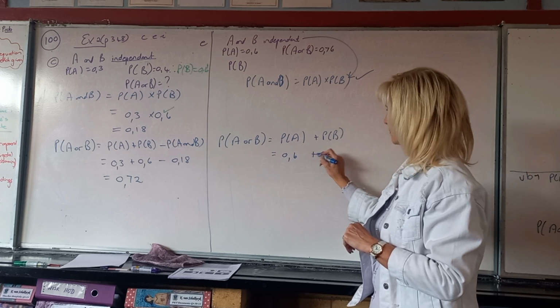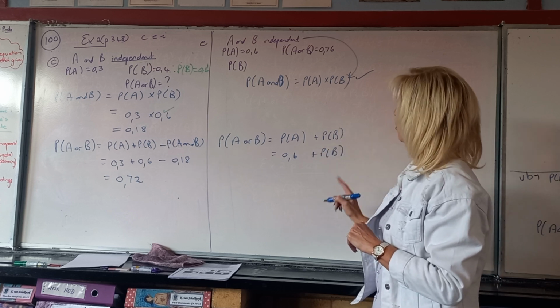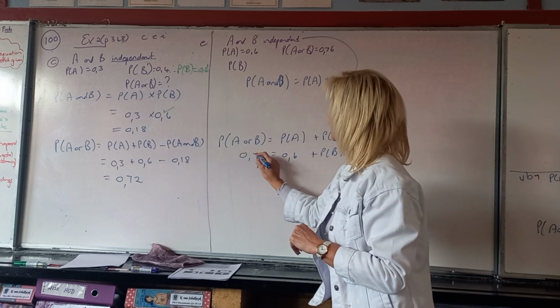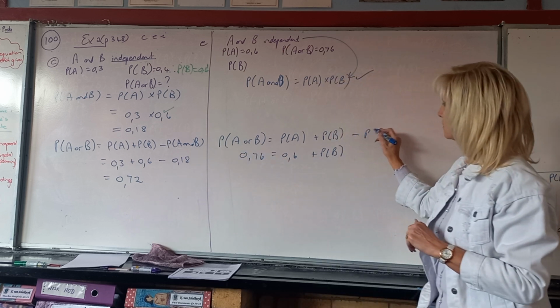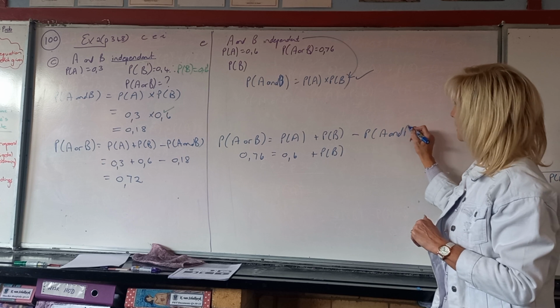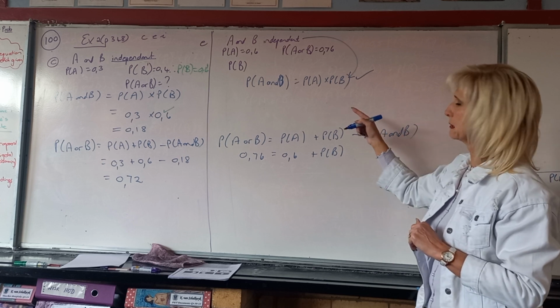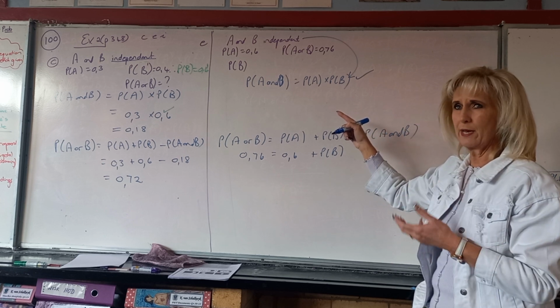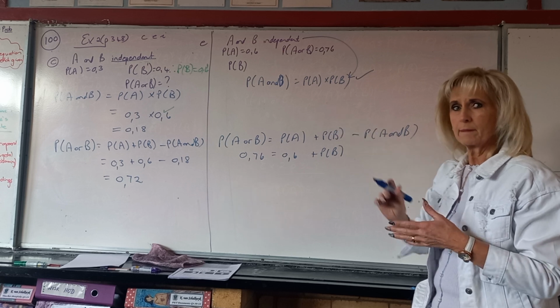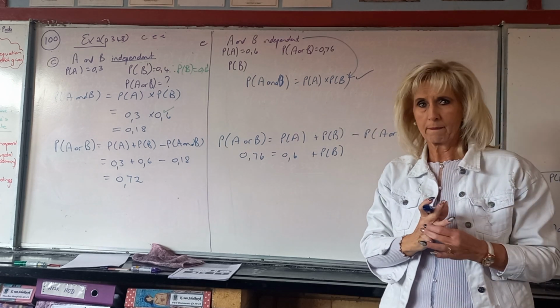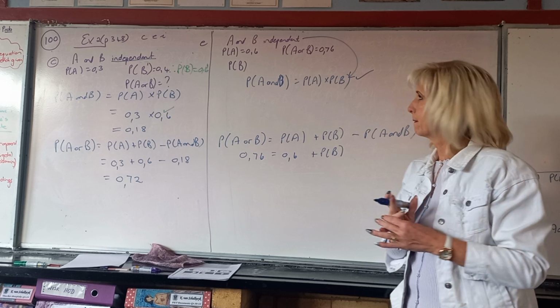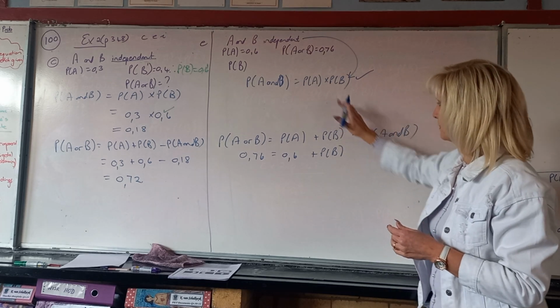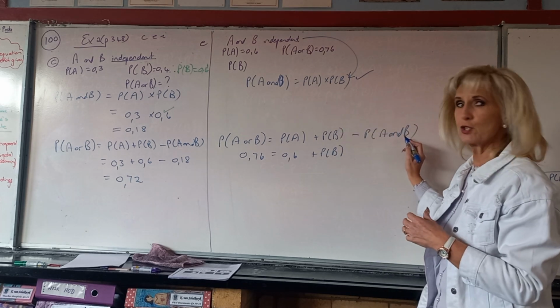The or part, I have, but I'm short the and part. I know something but not enough. So you can use the P(A) times P(B) for this. But then you have P(B). Can you just substitute it in here?